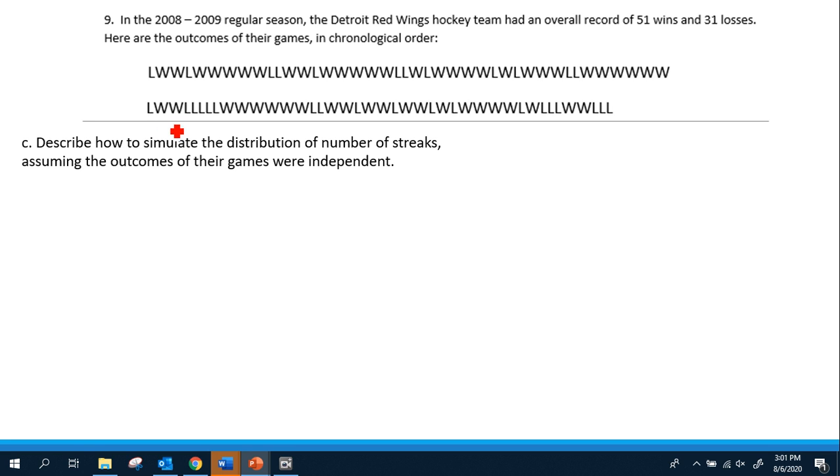Describe how to simulate the distribution of the number of streaks, assuming the outcomes were independent. So you would take 82 note cards, and write W on 51 and L on 31. Shuffle them and lay them out.